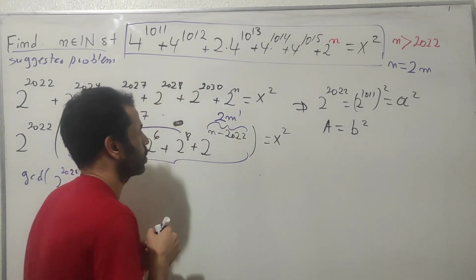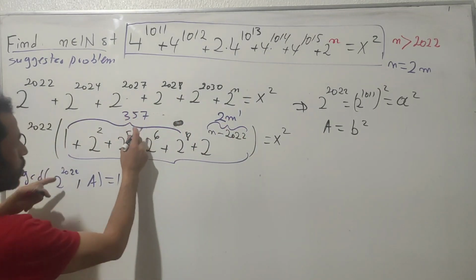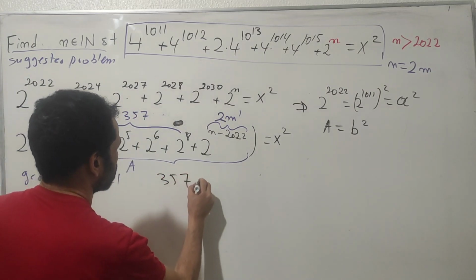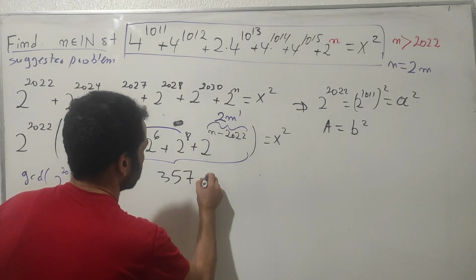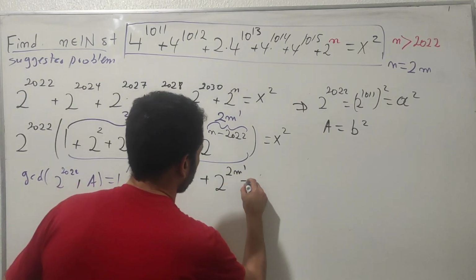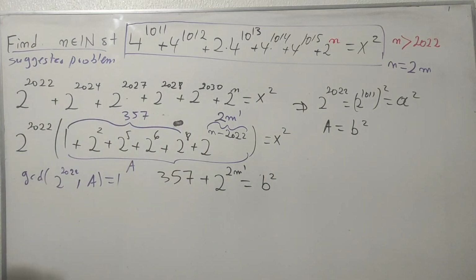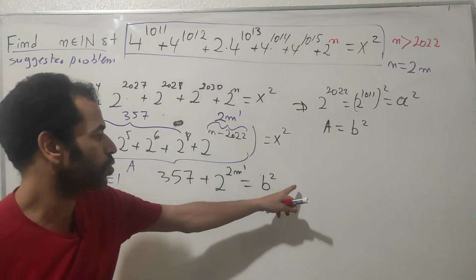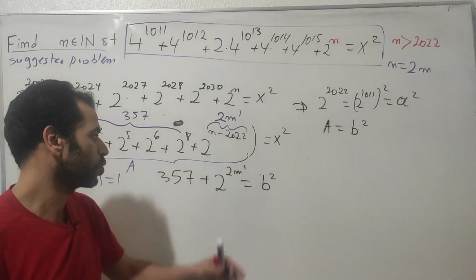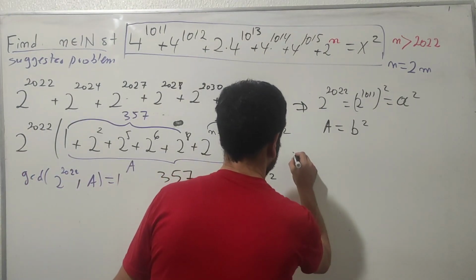Then I bring this number down here, so I get 357 plus 2 to the 2m prime, which equals b squared, because it's a perfect square. Now let's move this term to the right, and we have a difference of two squares. Then we are going to factor it in the form of a product.